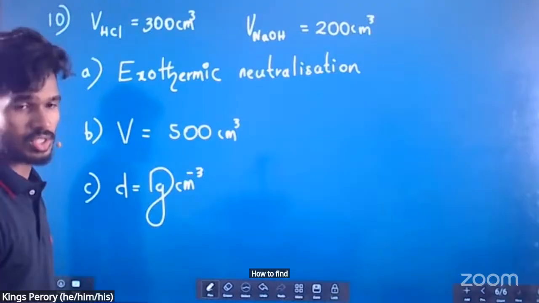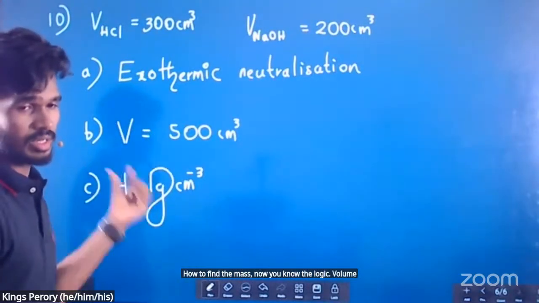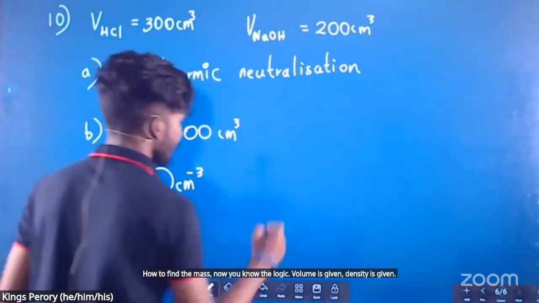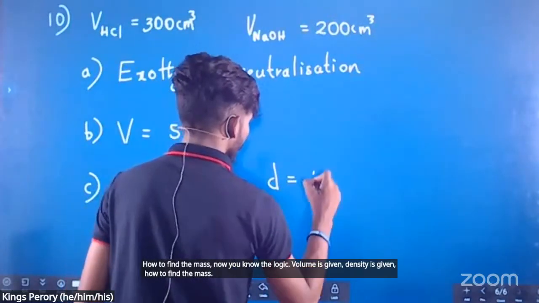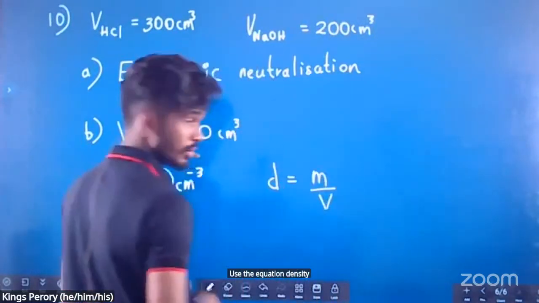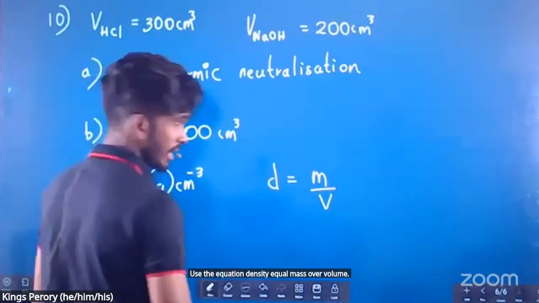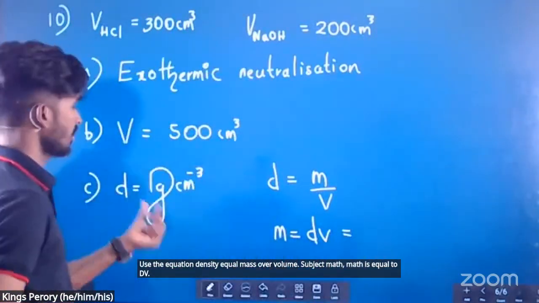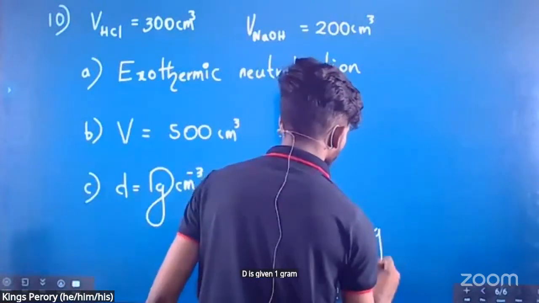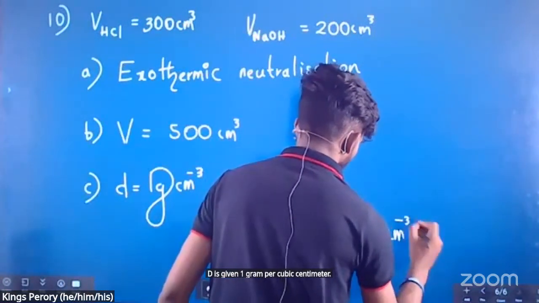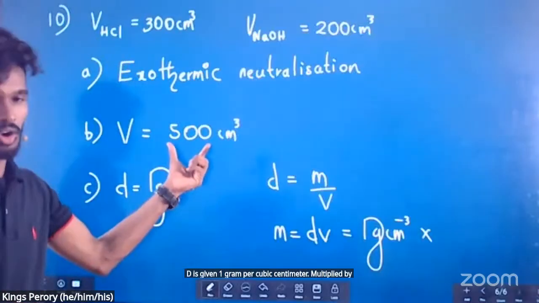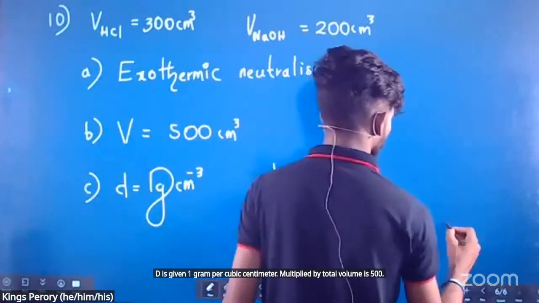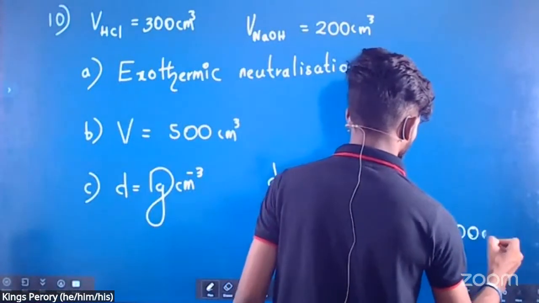Now you know the logic. Volume is given. Density is given. Use the equation: density equals mass over volume. Subject mass. Mass is equal to dV. D is given, 1 gram per cubic centimeter, multiplied by total volume, 500 cubic centimeter.